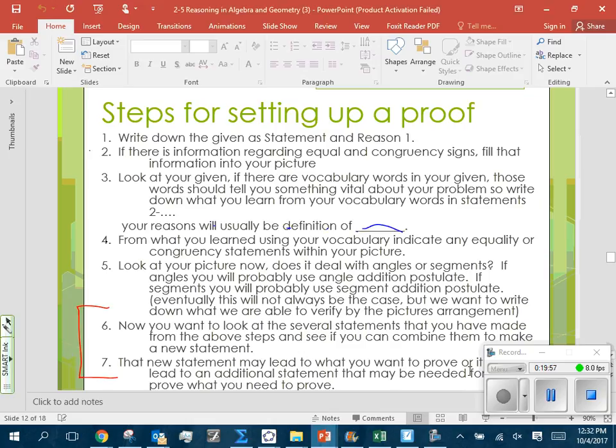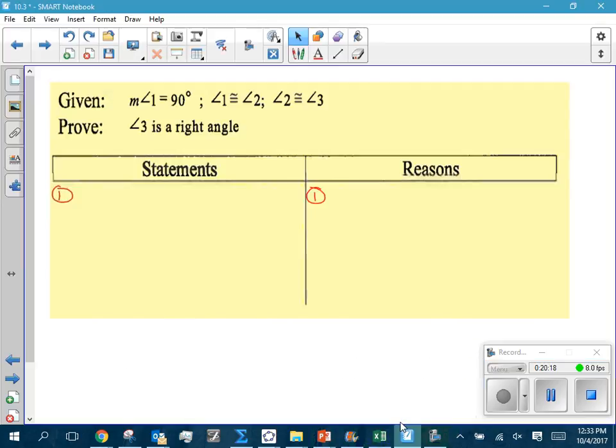If you think about going through those steps, at no point in steps 1 through 6 do I tell you to look at what your proof statement is and to analyze that, okay? Because a lot of times maybe you don't know directly how to get from point A to point B the easiest way. So those 7 steps get you to write all the information down that is necessary to get from A to B, but then you have to start piecing them together to get to what you're trying to prove.